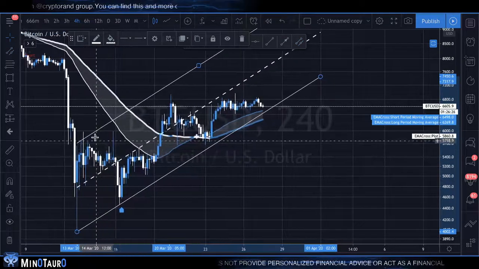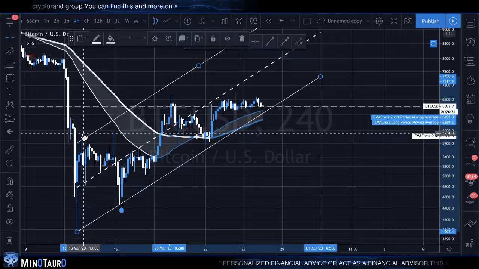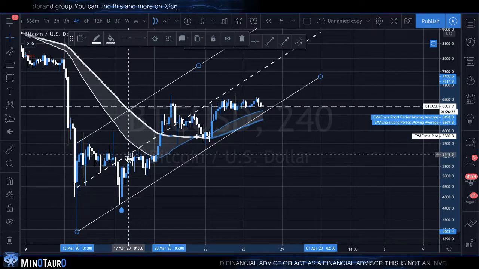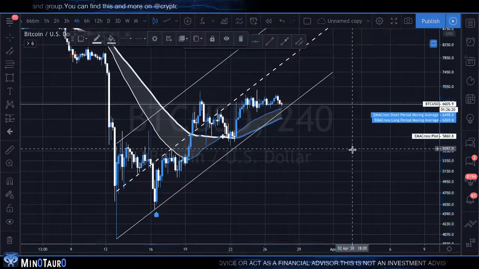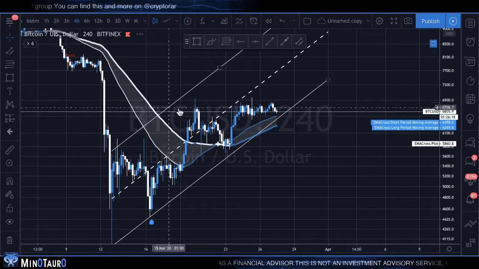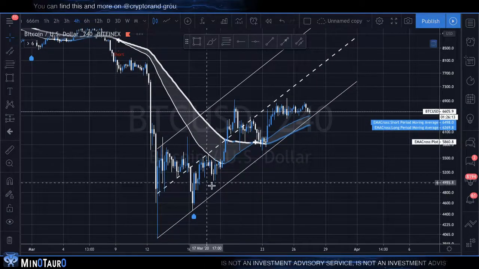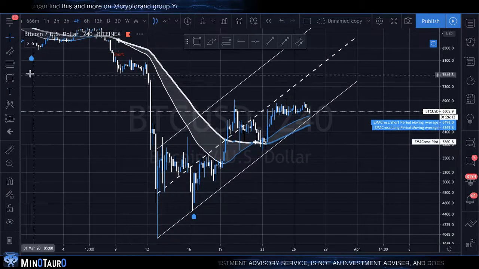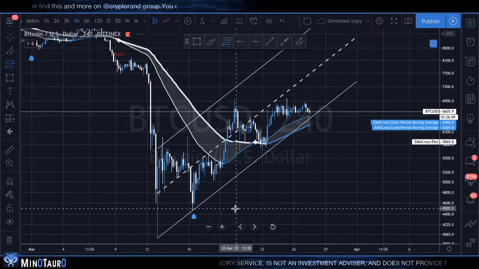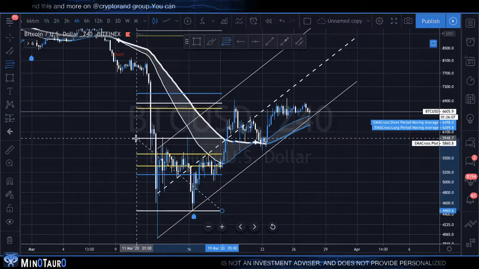So this is the channel here, not here, because of the 50%. No, here. Price went straight to the 161. Is still trapped around there. So 1, 2.